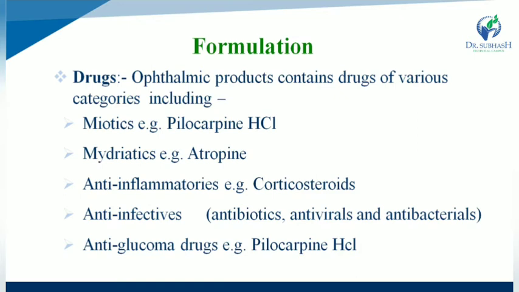Second, in case of mydriatics, atropine is useful. In case of anti-inflammatories, the anti-inflammatory action is provided with the help of corticosteroids. In anti-infectives, various examples are available: antibiotics, antivirals, and antibacterials are all examples of anti-infectives. Last one, anti-glaucoma drugs. For example, pilocarpine HCl acts as an anti-glaucoma drug.